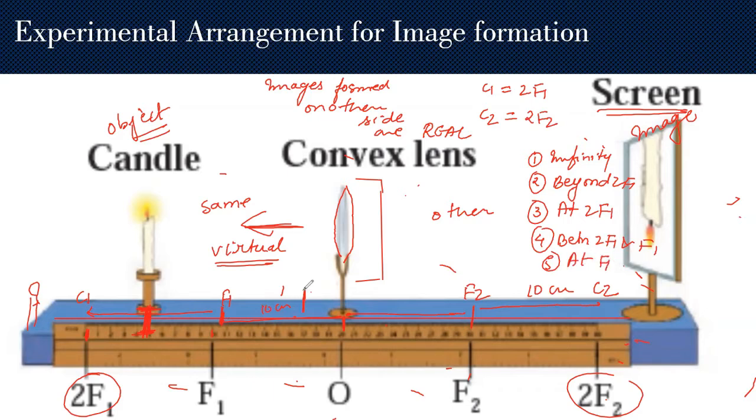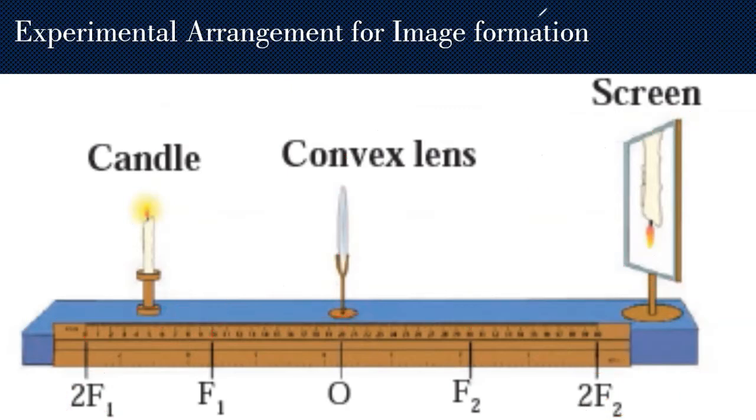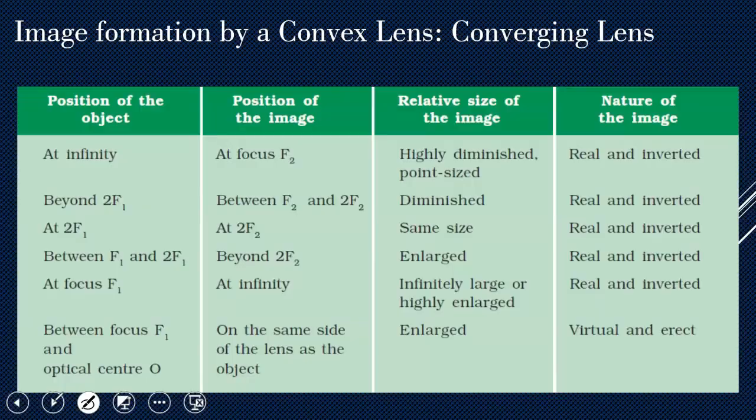And sixth, we have between the optical center and F1. In the same way, we are going to move this object candle forward and observe the images, moving the screen front and back. We are able to get the images on the screen. Understood? So let's see these image formations in detail in the coming slides.